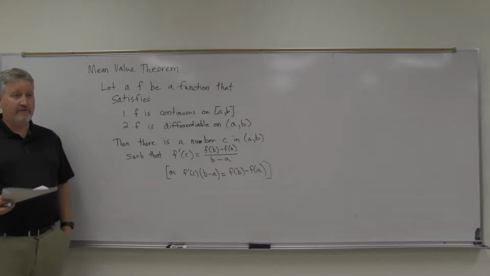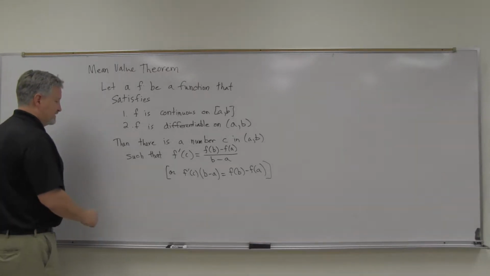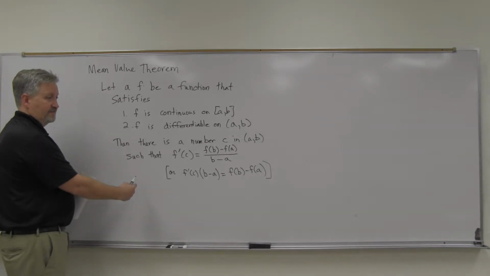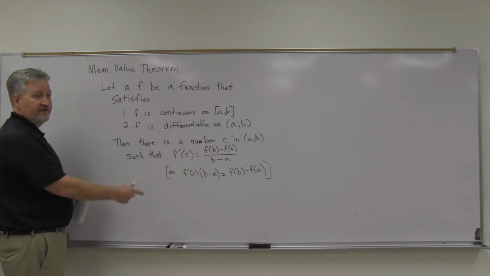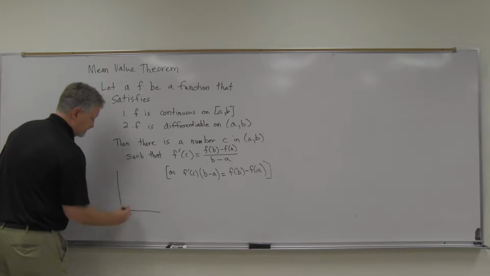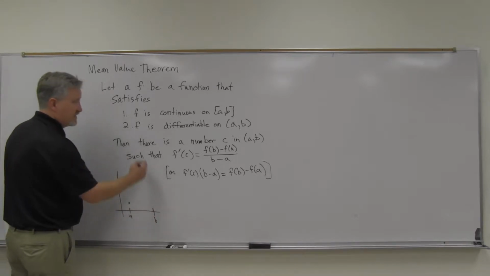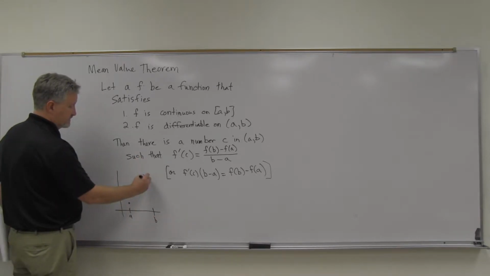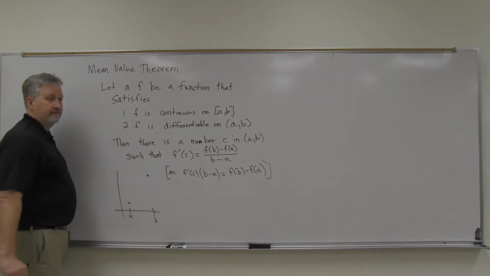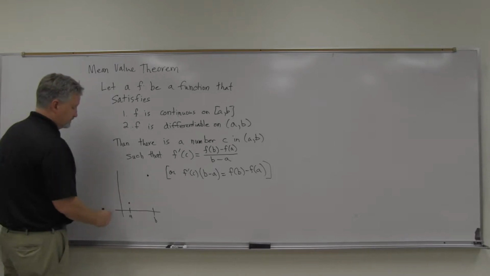So let's think about what this means graphically. Rolle's theorem said if you've got two equal function values, continuous and differentiable between them, then you get a horizontal tangent. What the mean value theorem says is, if I've got a to b, and in this case the two function values don't have to be equal, we'll go up higher for f of b, it could be lower, it still works.